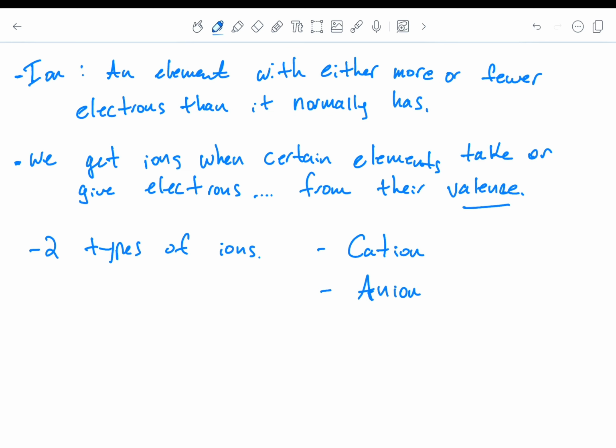That's supposed to be an A. So these are the two types of ions: we have cations and we have anions. We're going to take a second and talk about how these two things form. So let's go to the next page.